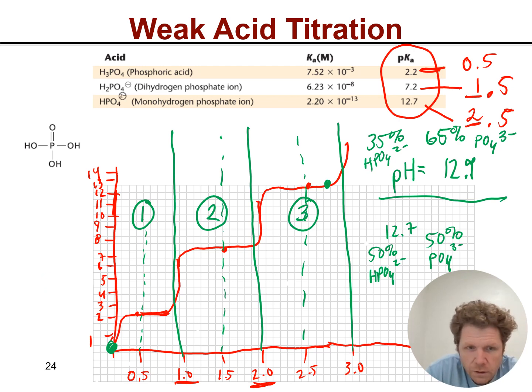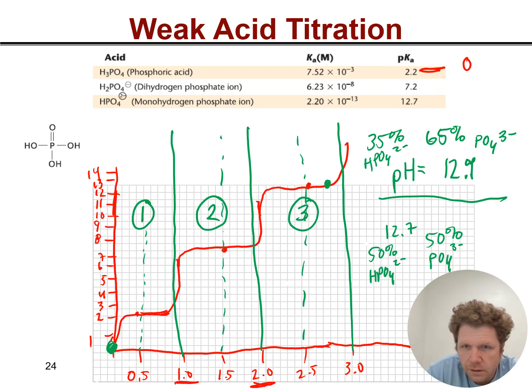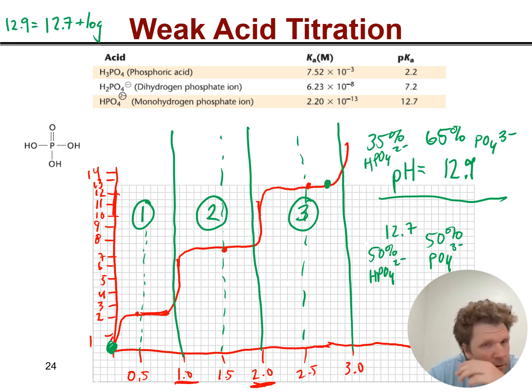So let's erase my axis, erase this. Now I'm going to say when my pH is 12.9, my pKa is 12.7 plus log of something over something.